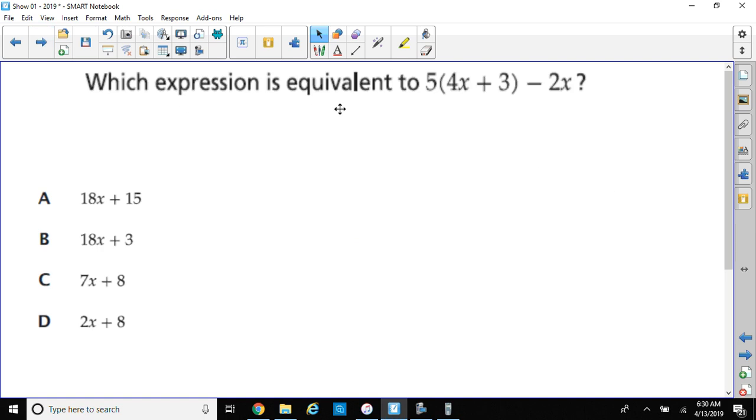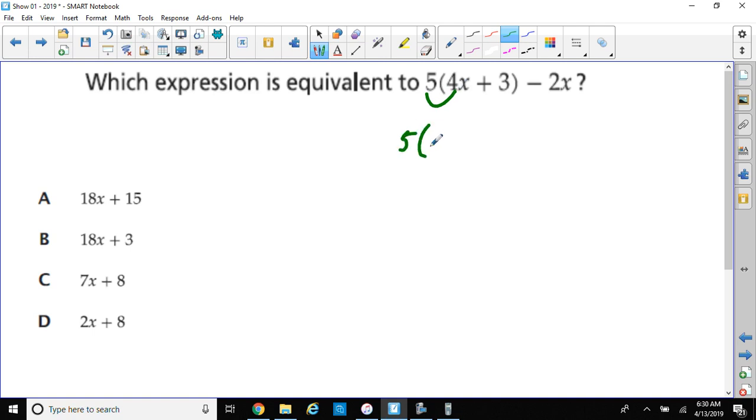Which expression is equivalent to 5(4x + 3) - 2x? When you see a number next to parentheses, it indicates that there's a multiplication taking place. So you need to multiply. So let's get a pen. 5 is going to be multiplied by the 4x.